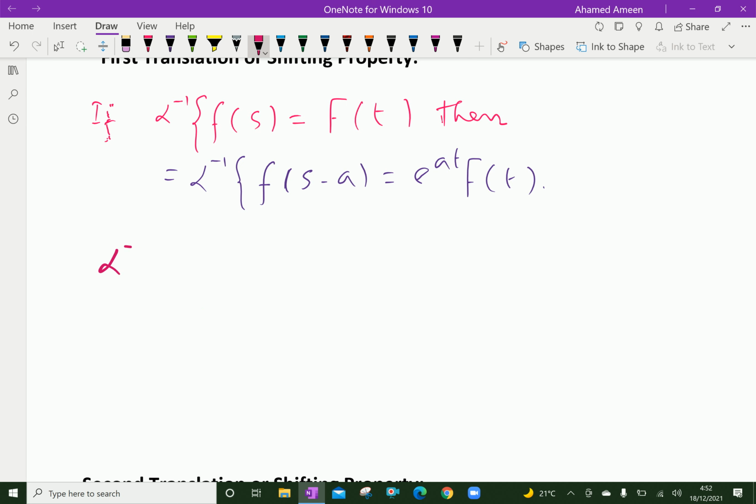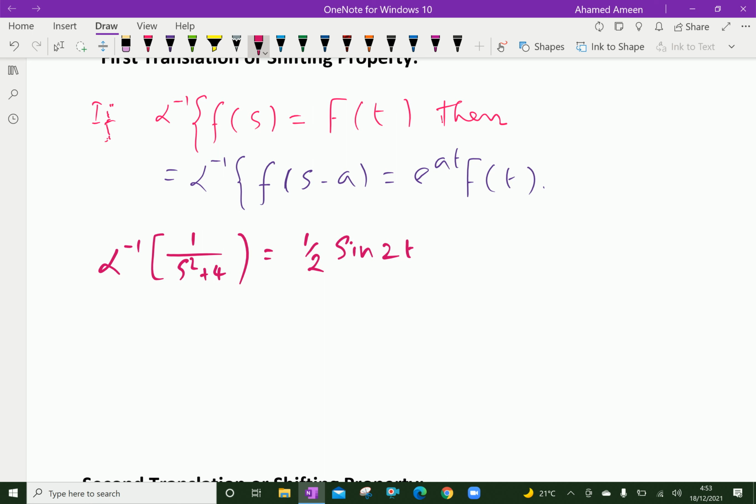Here we'll do an example, so you can understand this. Find the inverse Laplace transform of 1 over s square plus 4, which is equal to half of sine 2t.